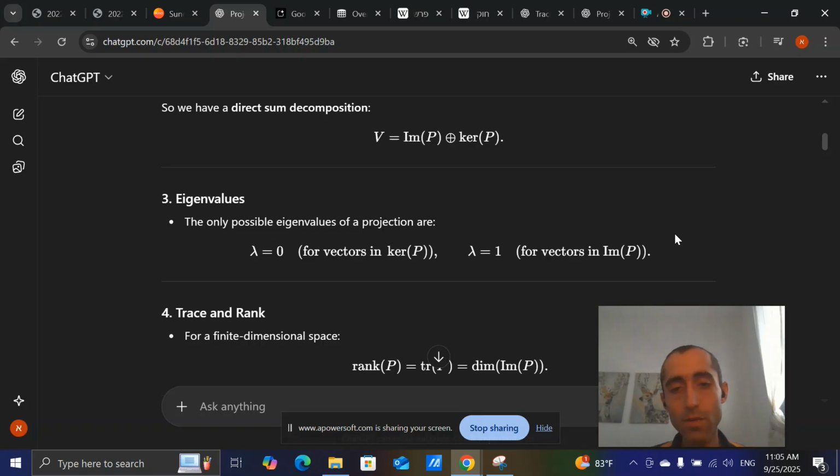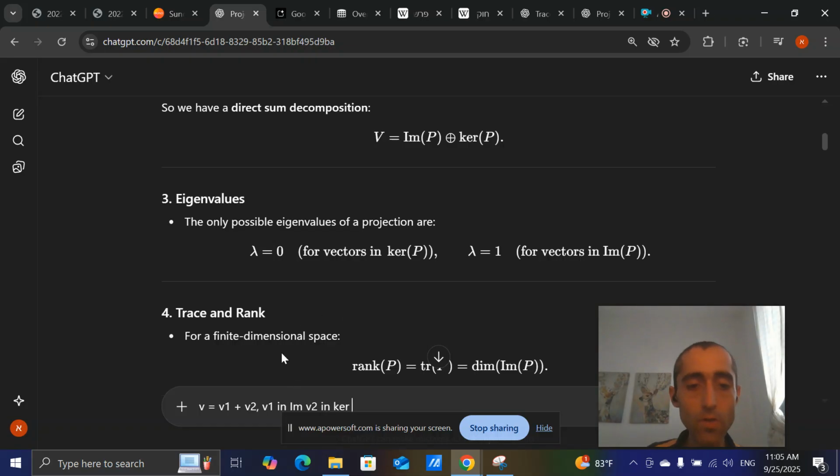What the projection matrix or transformation will do is annihilate the component that is not related to the projection. Let's define V by V1 and V2, for example, where V1 is in the image and V2 is in the kernel.